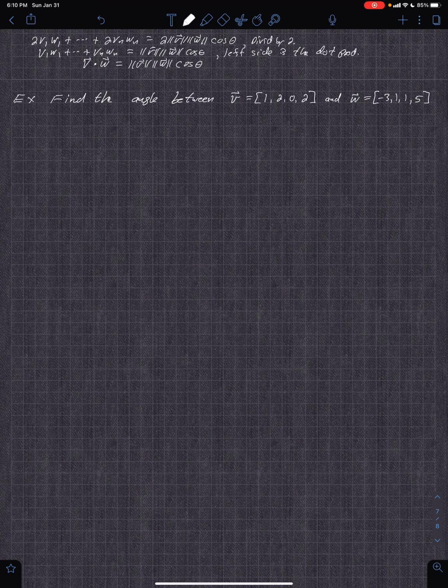So those are both vectors in what dimension? Those are both in R4, right? So 1, 2, 3, 4. So whatever it means to be an angle, we can still find it because that's just what we'll say it is.